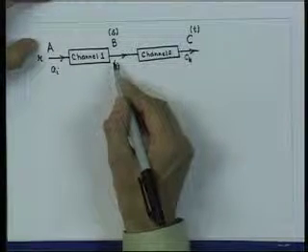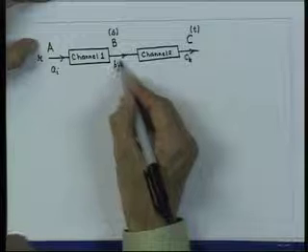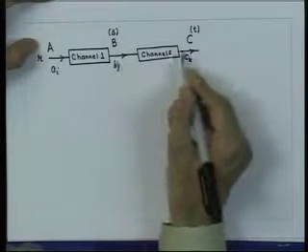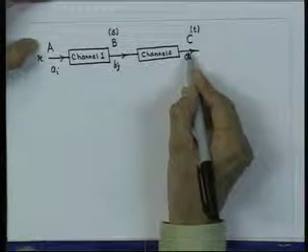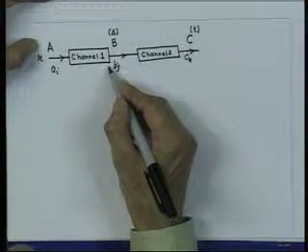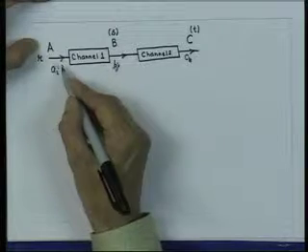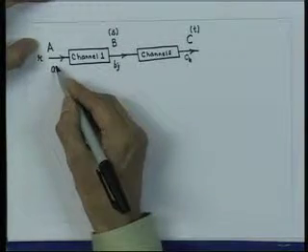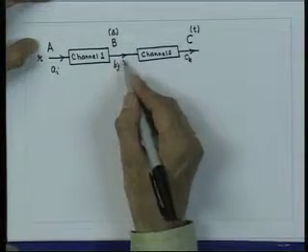What it means is that if we know the intermediate symbol B_j, the probability of obtaining the terminal symbol C_k depends only upon B_j and not upon the initial symbol A_i which produced B_j.